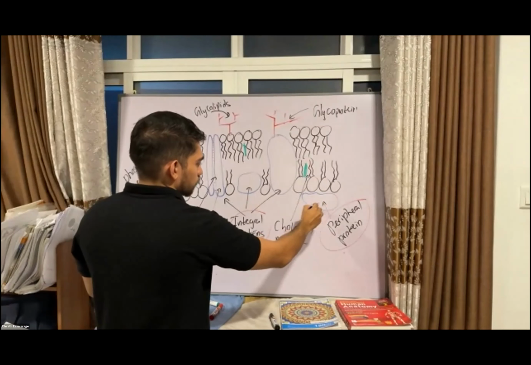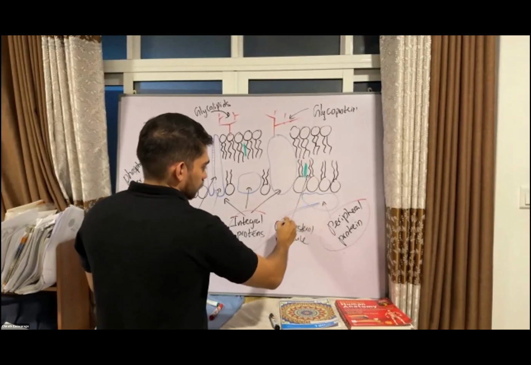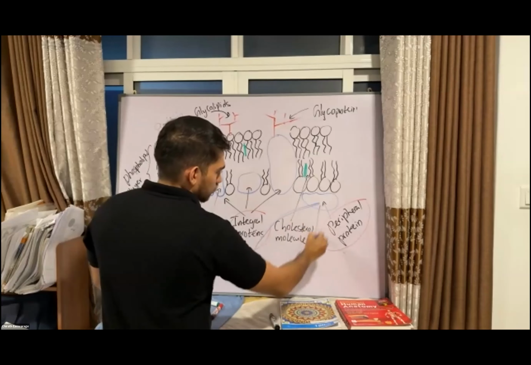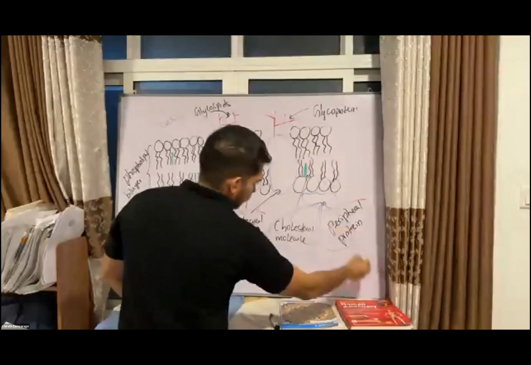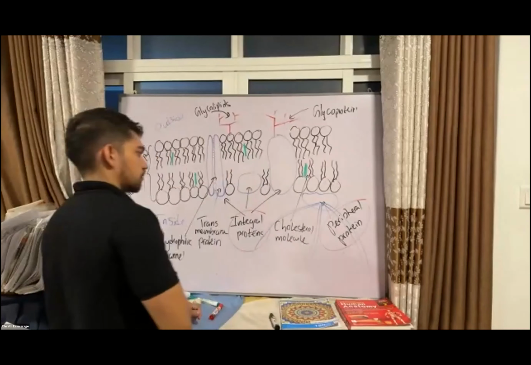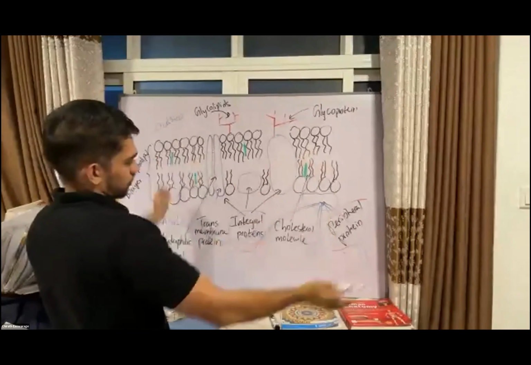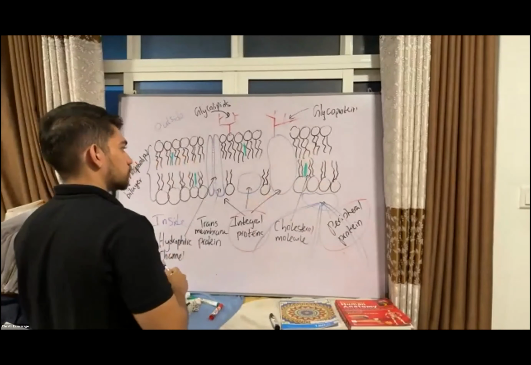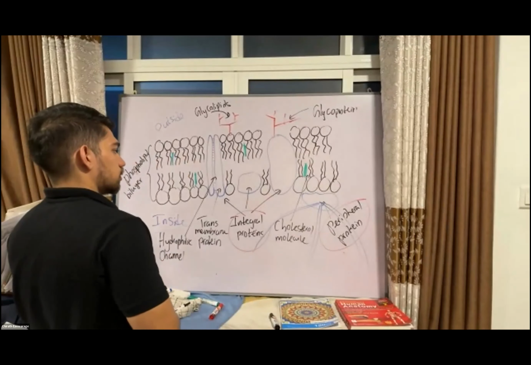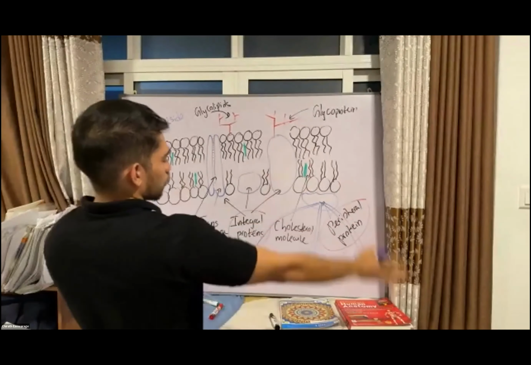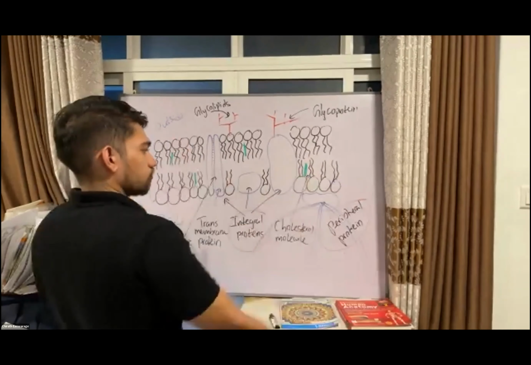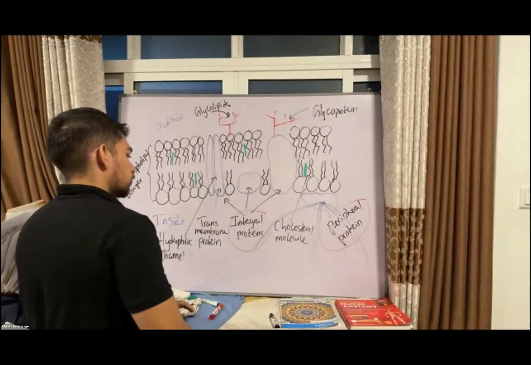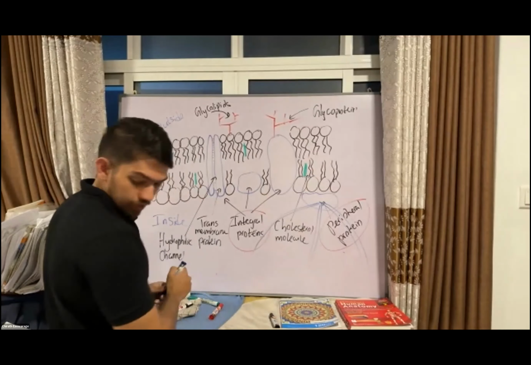So you have these tubes and supporting structures attached to the plasma membrane. It's like a network of tubes, giving support to the interior of the cell, that we call the cytoskeleton.